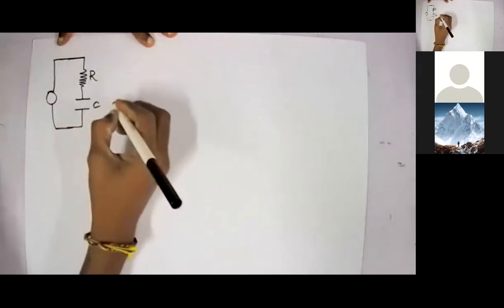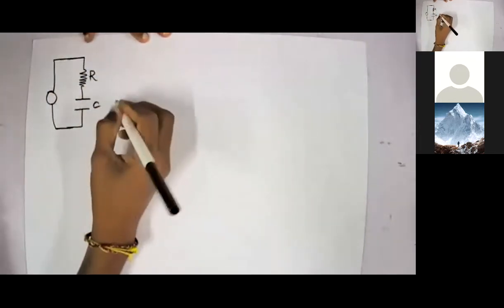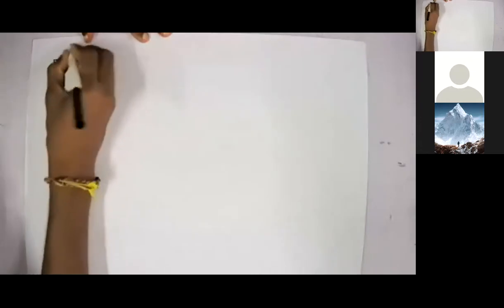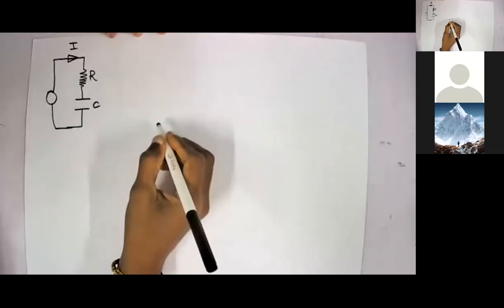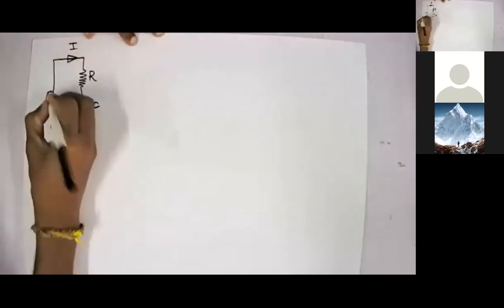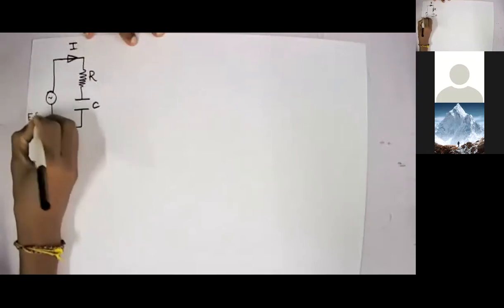I have a current I. The question is, what is the magnitude of the current and the phase difference between the voltage and current?